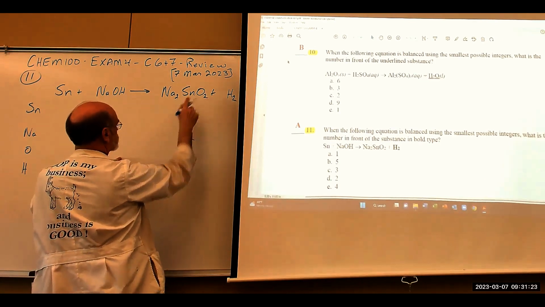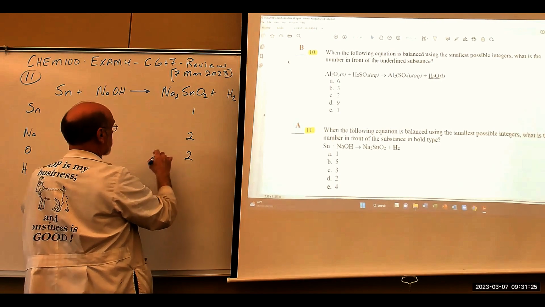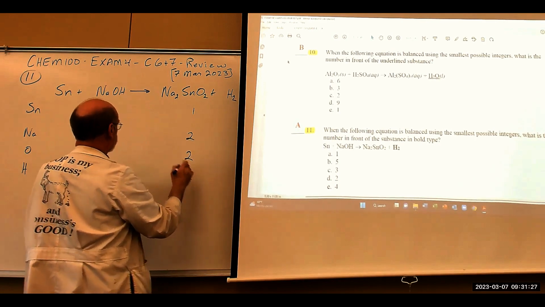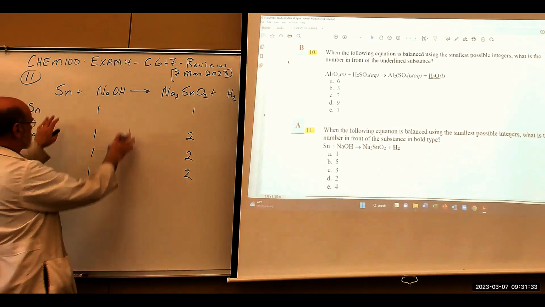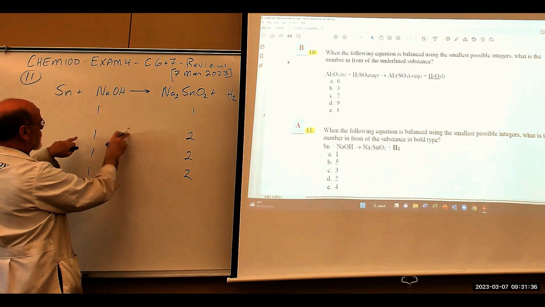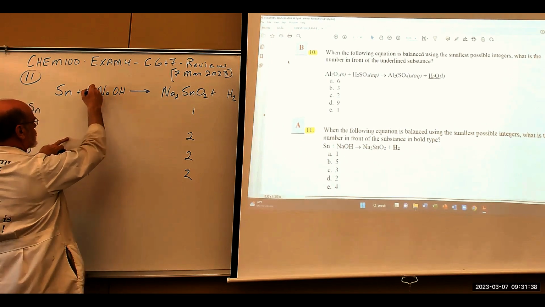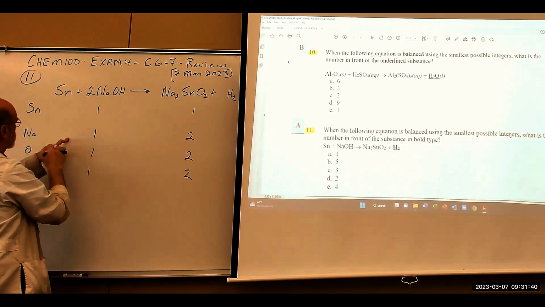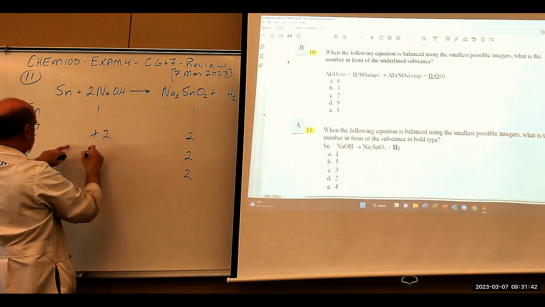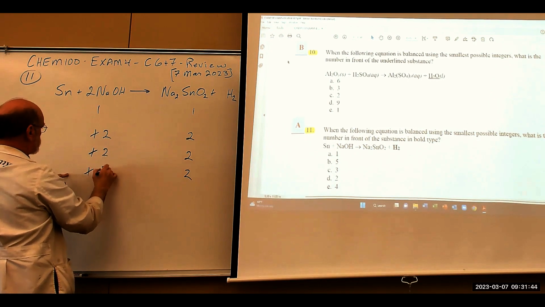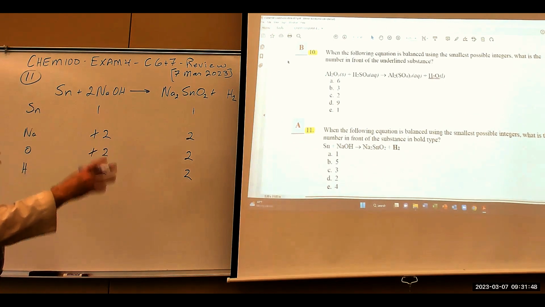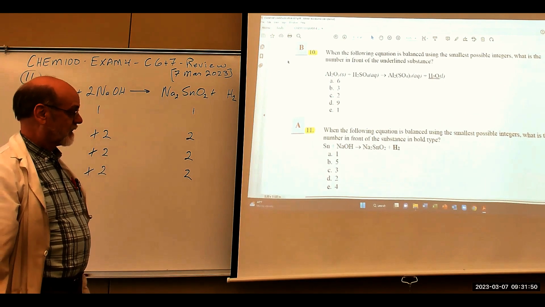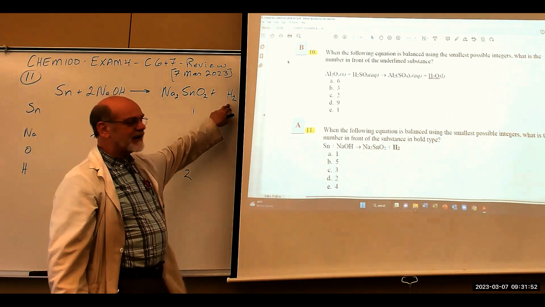Oxygen, we have 2. And hydrogen, we have 2. Okay. All right. So let's see. The tins are okay. The sodiums need adjustment. So if we put a 2 there, that gives us 2 sodiums, 2 oxygens, and 2 hydrogens. And it's balanced.